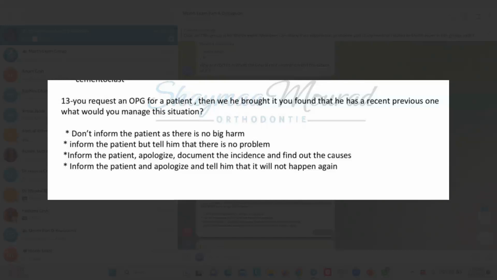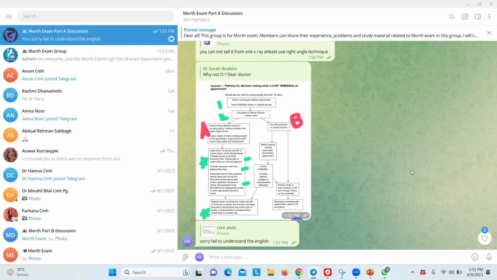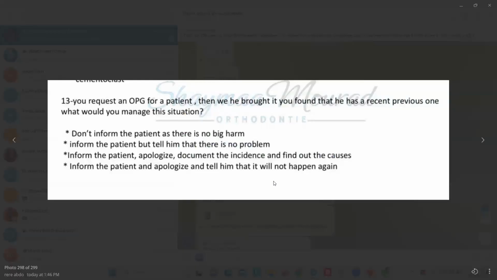You request an OPG from the patient, then he brought it. You found that he has a recent previous one. I don't know. So doesn't it mean that he already has an OPG and we have asked for another OPG?